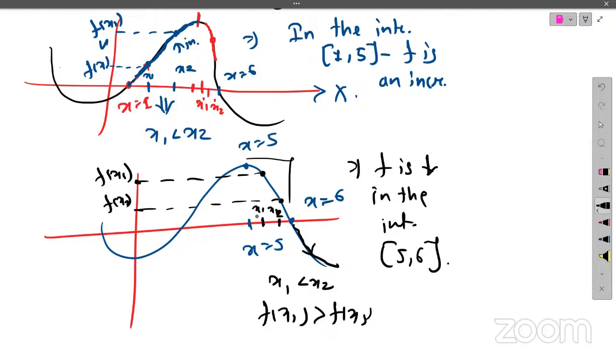Between the interval, we can see that the function is decreasing, sloping down. So how can you decide f of x1 is greater than f of x2? Consider the points. Suppose this is your input point x1, then whatever output is there will be the output point, correct? Because we have to mark the point over this line. If this is your x1, this is your x2.